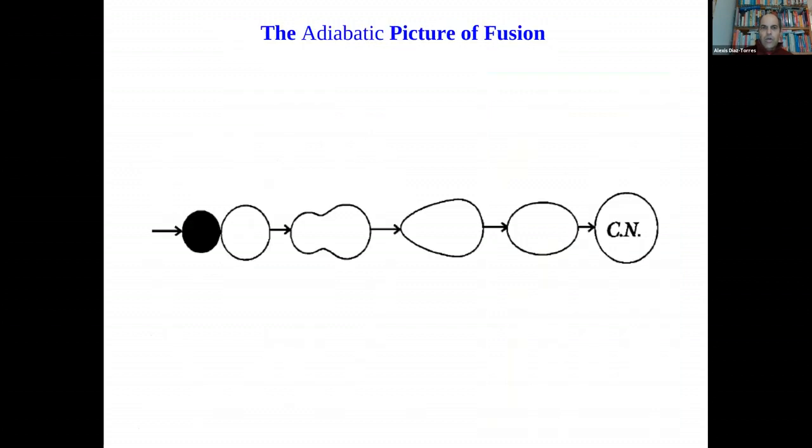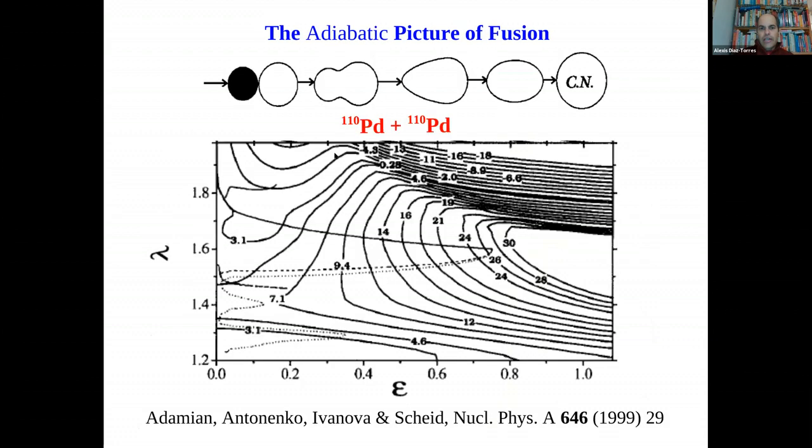Okay, so here I show you in these cartoons the adiabatic picture of fusion. Adiabatic means that the two nuclei melt together as two liquid drops, and essentially the formation of the compound nucleus happens by melting these two liquid drops, and the motion is along the lambda or elongation degrees of freedom.